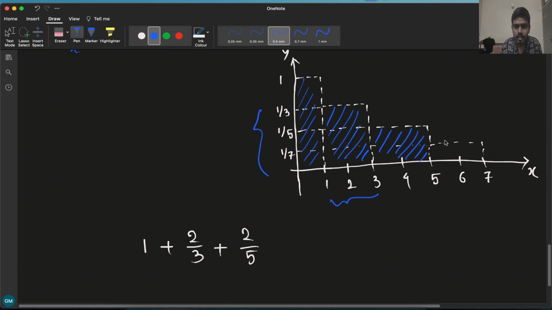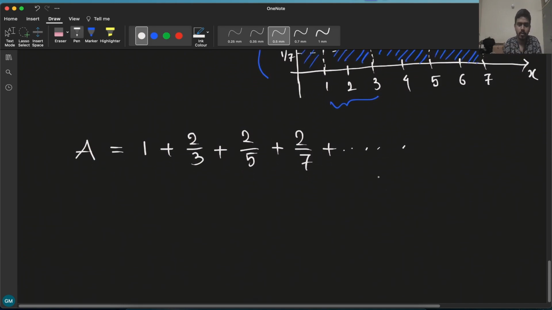Then if I add this area, then it will be plus 2 by 7. Let me call it capital A. This is our A, plus dot dot dot. Okay, so there will be other terms.